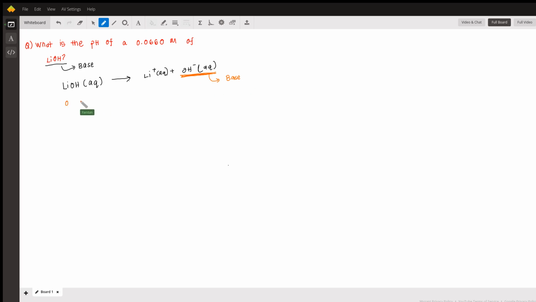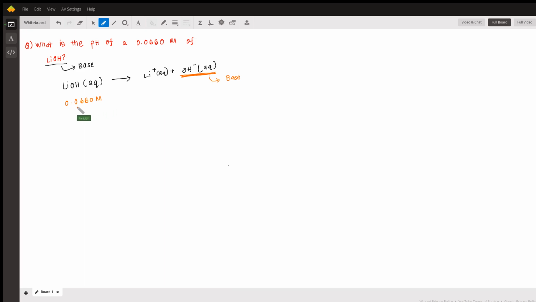Now, because this is a strong base, if we have 0.0660 molar of lithium hydroxide, all of the concentration of lithium hydroxide is going to separate, or hydrolyze, into lithium cation and hydroxide.